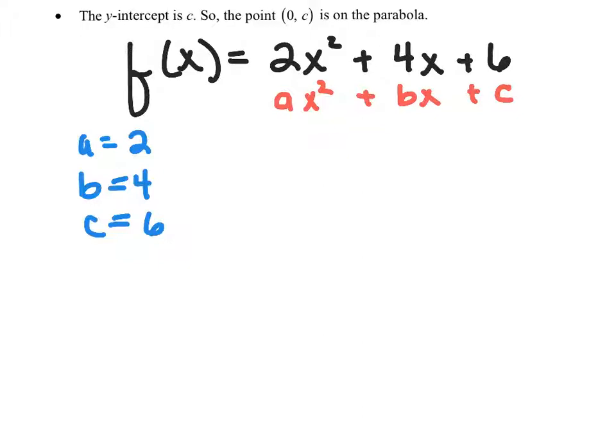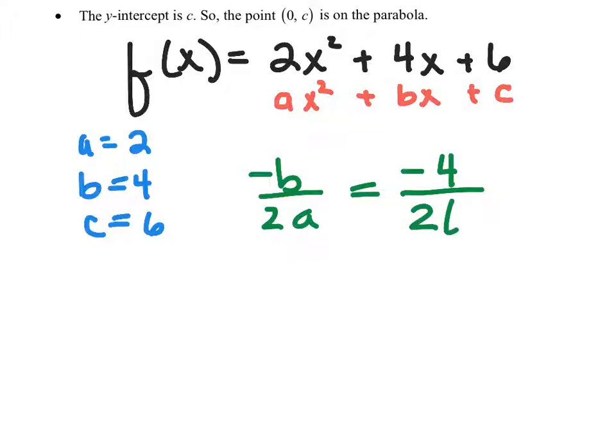Okay, so we're going to use the equation to find our axis of symmetry. So the axis of symmetry equation, remember, is negative b divided by 2a. So we're going to calculate that first. We have the opposite of our b, which is 4, divided by 2 times our a, which is 2. So that gives us a negative 1.